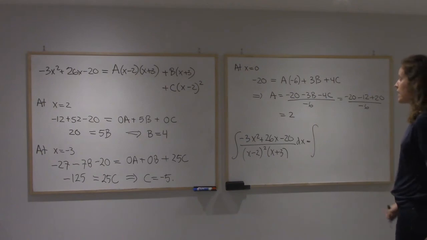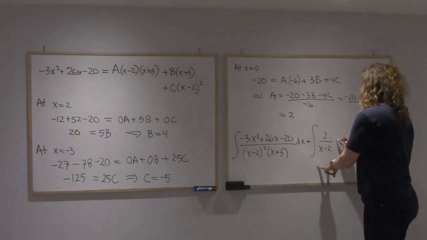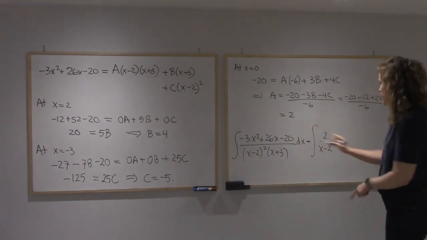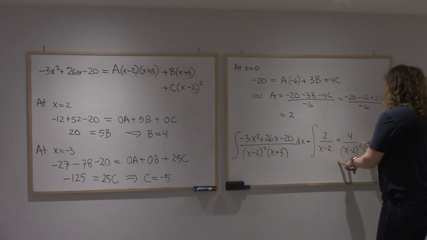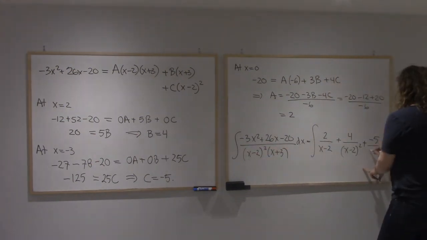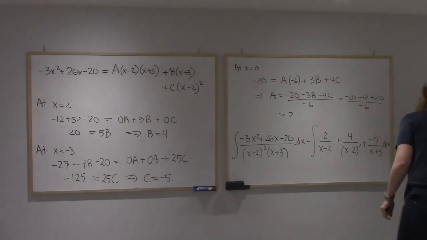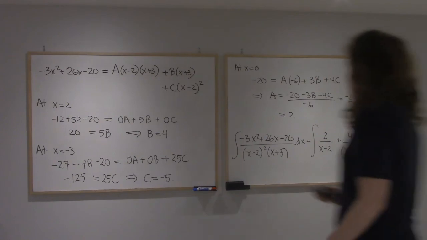So I'm going to get a over x minus 2, b over x minus 2 squared, and c over x plus 3 dx. Perfect.